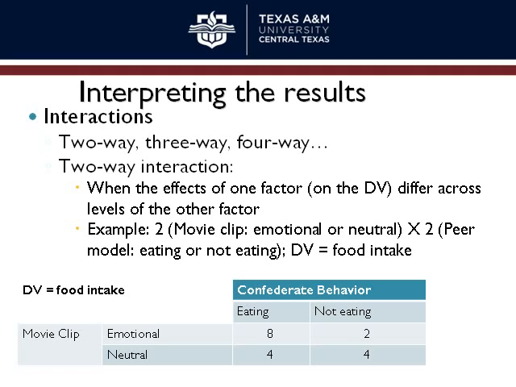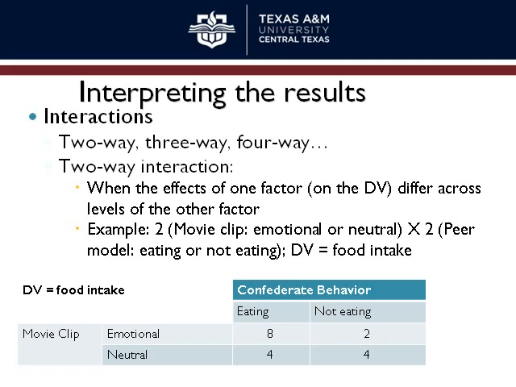What we're looking at, the dependent variable here, is how much food does the participant eat? So the idea being, are they going to be influenced by what the peer does? Are they going to eat when the peer eats and not eat when the peer doesn't eat? And is that effect going to be the same or different depending on what type of movie they watch, if it's emotional in nature or neutral in nature?